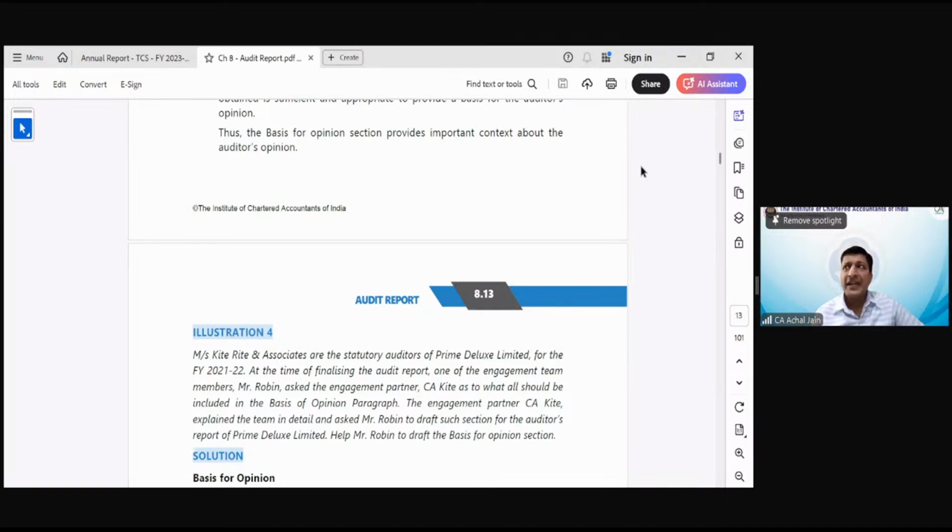Or maybe at least the pointers you can tell me that when you will write the basis for opinion para, so what all things you will include? Tell me what all points you will include. So what is going to be the coverage? In terms of the content, what will you include here? Yes, quickly, over to you.